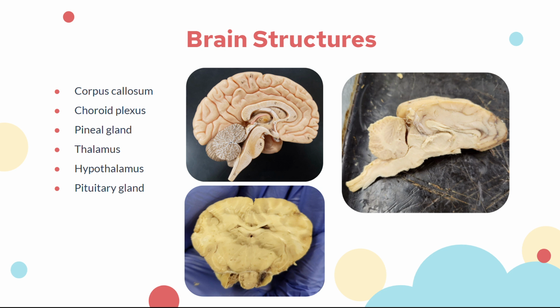And then our thalamus. This is the white section that you could see right here. This is the thalamus on the sheep brain on the sagittal section, and on the coronal section, our thalamus would be essentially this area right here.